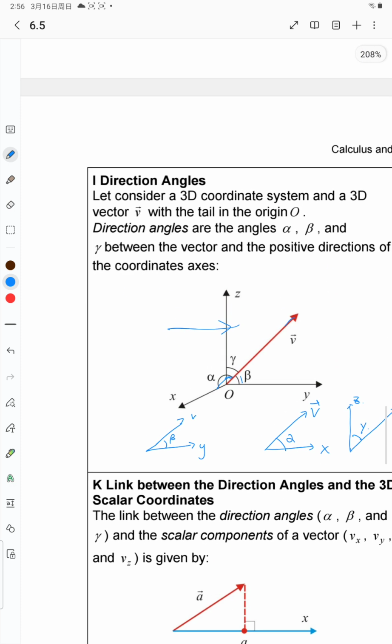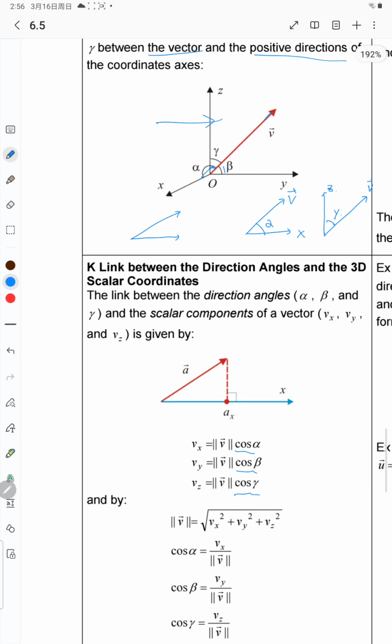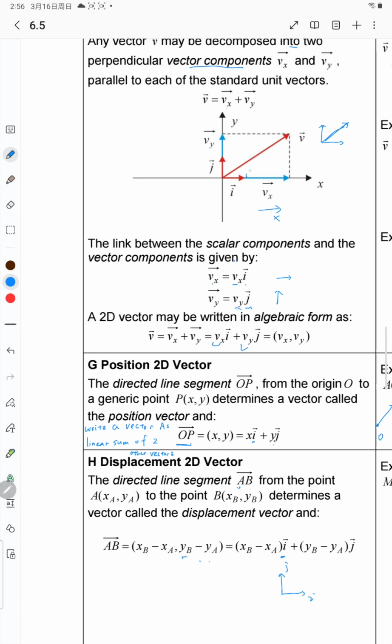It also depends on how you define alpha, beta, theta. Alpha, beta, theta respectively are the angles between the vector and the positive direction of the coordinates. Because this helps us define the relation, like v times cosine alpha, v times cosine beta. We didn't use sine here because the three angles we define are different from 2D, where we only define one angle, theta.